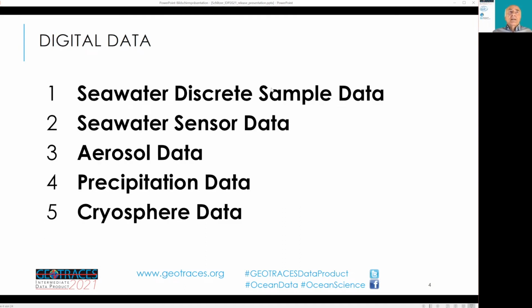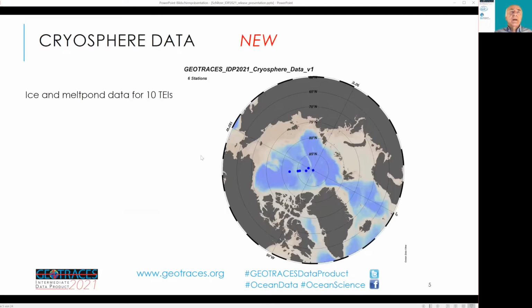The digital data part has five separate data sets: seawater discrete sample, seawater sensor data, aerosol data, precipitation data, and cryosphere data. I'm going through them quickly.